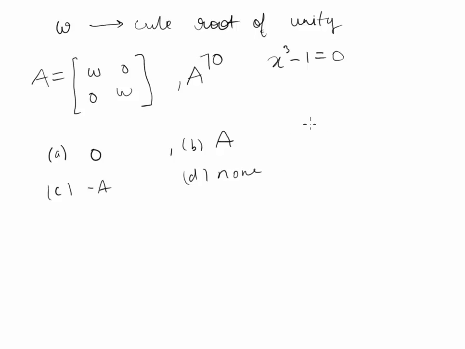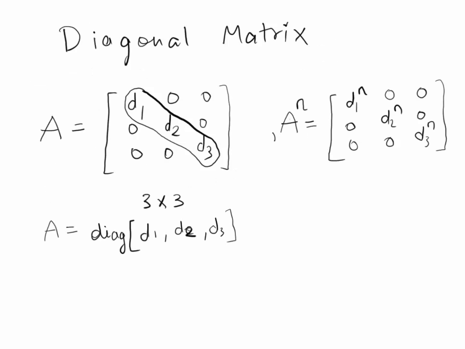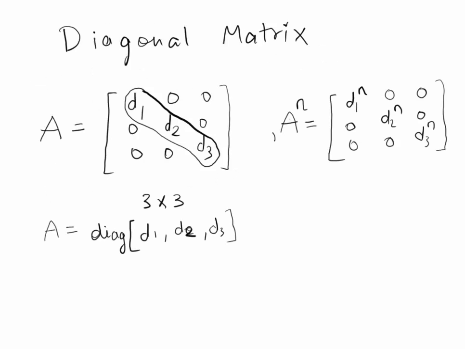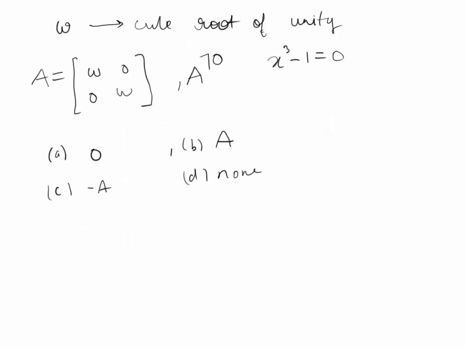I just showed you earlier that it's true for any n. If you have a matrix A, which is a diagonal matrix, and you raise that matrix to the nth power, what you will get as the resultant matrix is this. We just showed that, and we'll make use of that here.